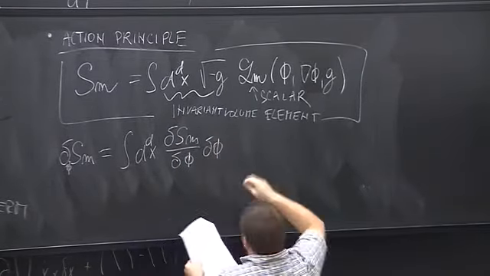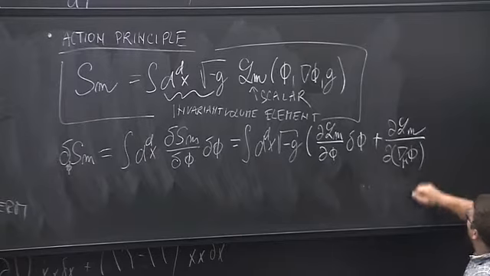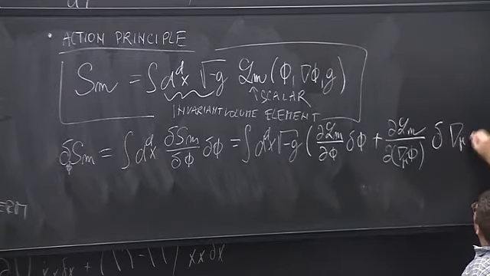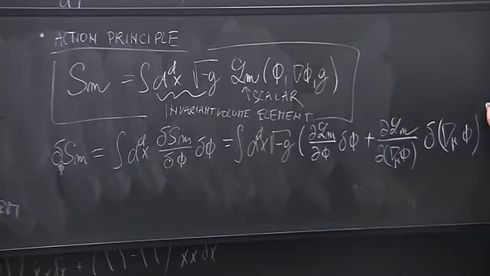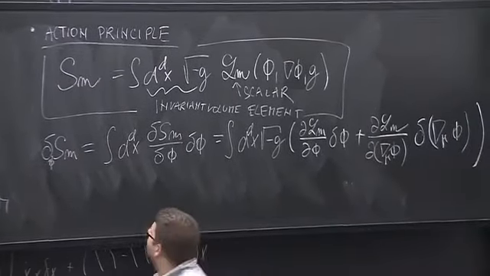Of course, what it practically means is the integral d^dx square root of minus g, and then dL_m over d phi delta phi plus dL_m divided by d nabla_mu phi delta nabla_mu of phi. Precisely what we were doing in classical mechanics. All right, so we just varied the action with respect to both phi and nabla phi.